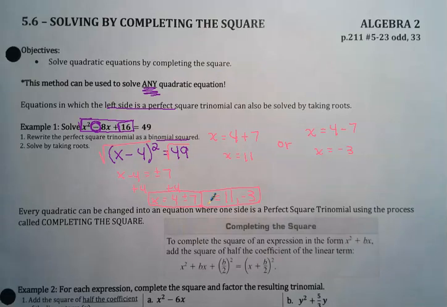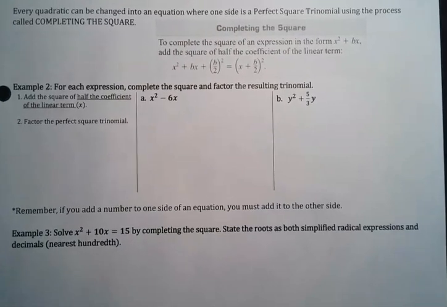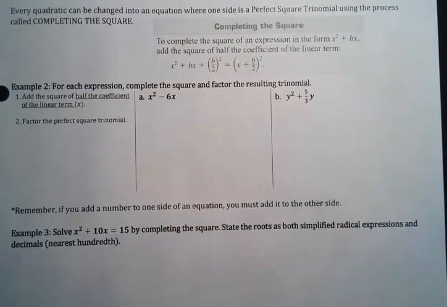Now that we've done this first step, it's going to help us see how we're completing the square. Every quadratic can be changed into an equation where one side is a perfect square trinomial. That's what we're doing. We want to get a perfect square trinomial, and we're going to use this process called completing the square to get it there, because we want to complete it to be a perfect square trinomial.